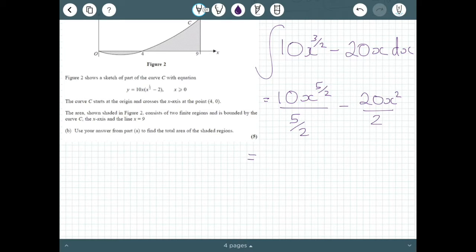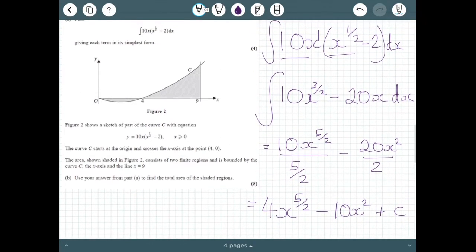If you simplify it, 10 divided by 5 over 2 is the same as 10 times 2 over 5. So 10 times 2 is 20, divided by 5, we end up at 4x to the power of 5 over 2, take away 10x squared, and then don't forget your plus c at the end of that.